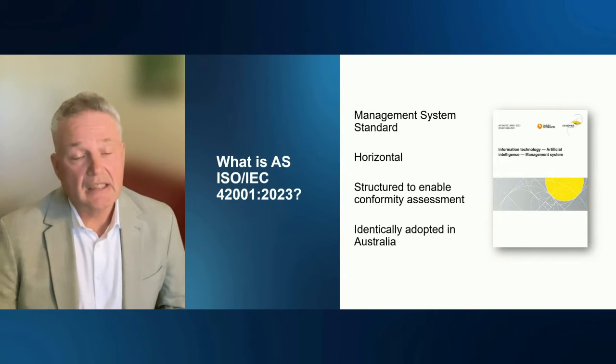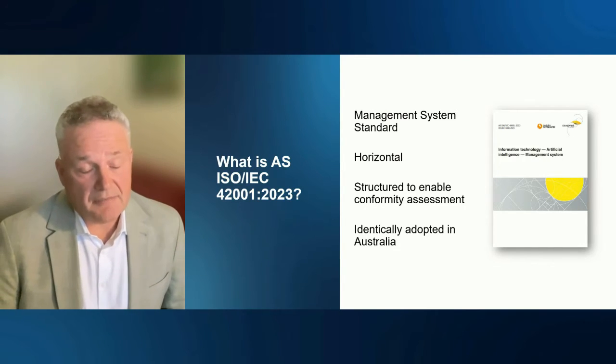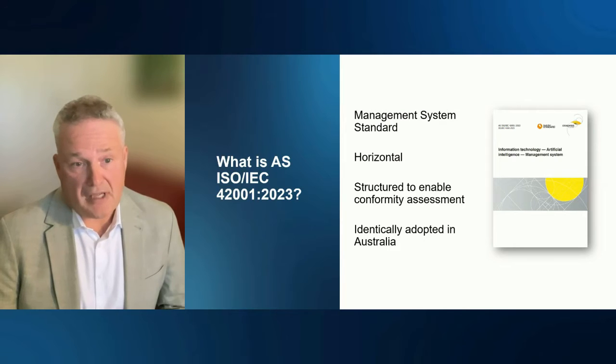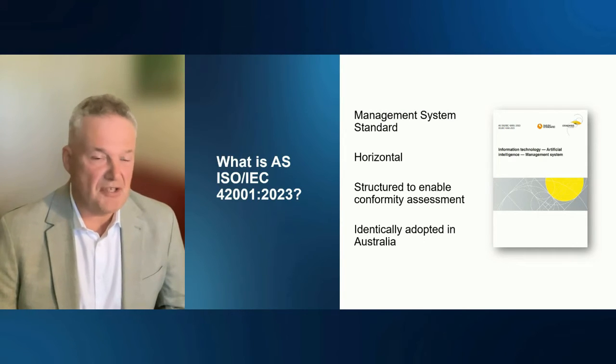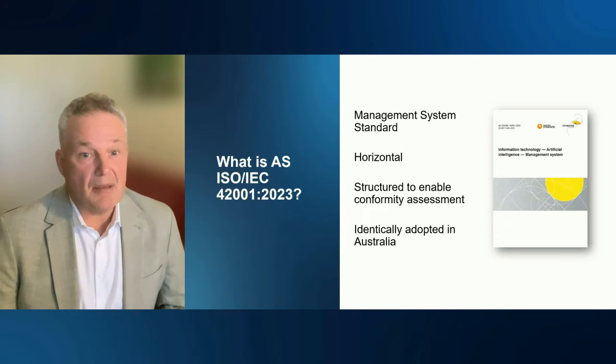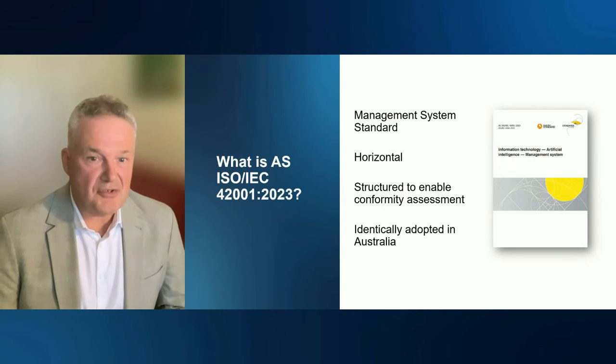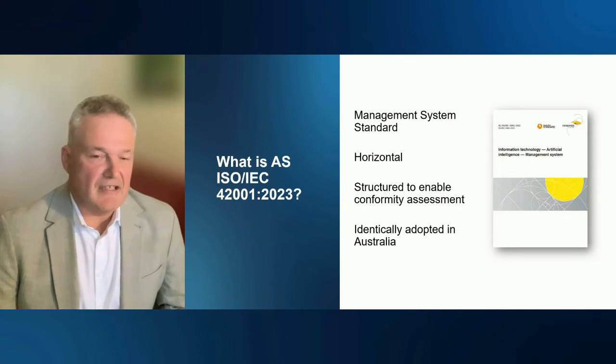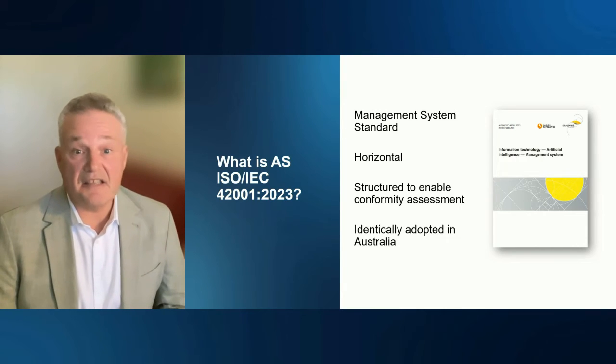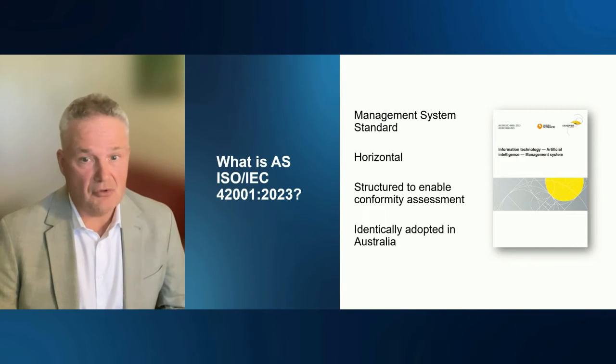The other aspect of the standard that is worthwhile pointing out is that it is horizontal, which is another word for generic. It's meant to be applicable across all industries, and another way of saying it is that it is neutral to application or industry.